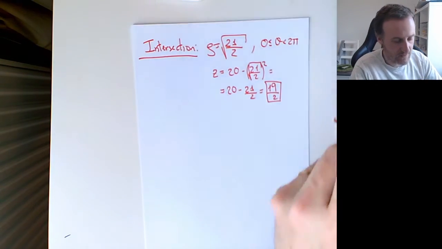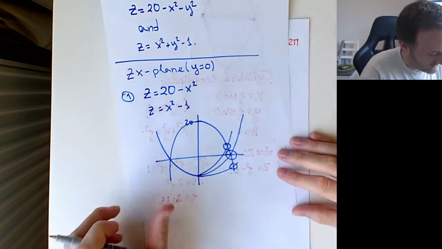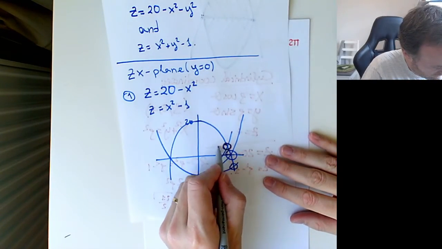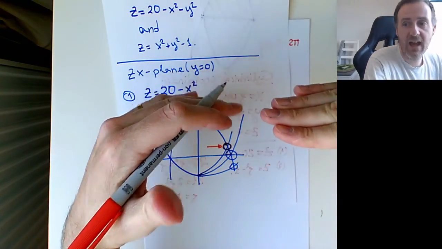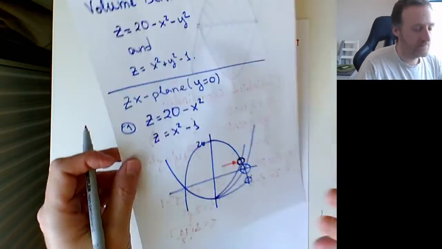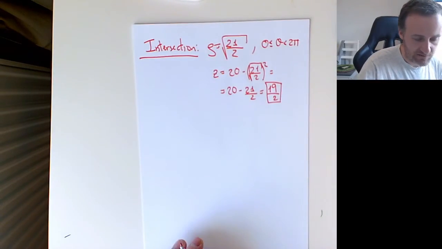So they intersect here, and in fact the picture that we have here is this one. They intersect above the xy plane. Very good.